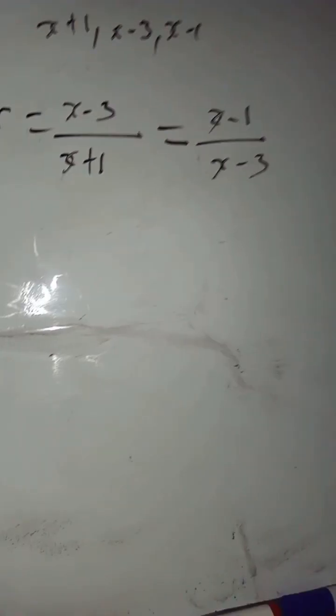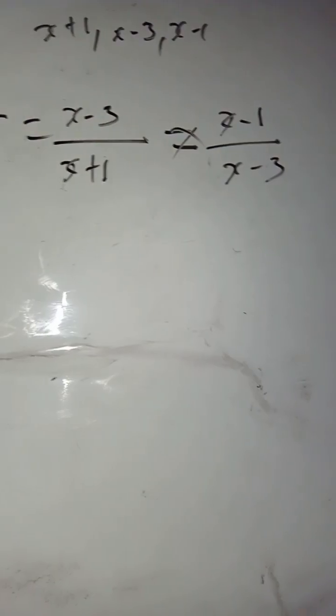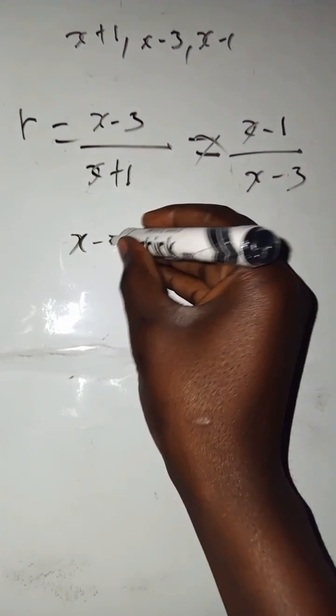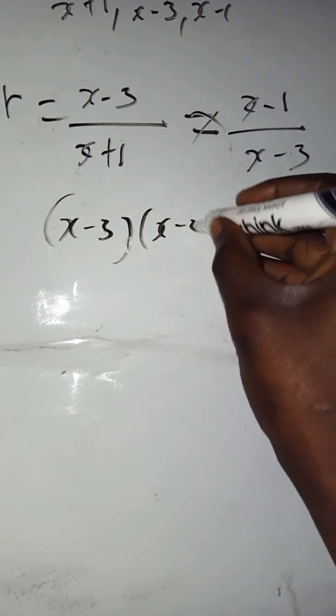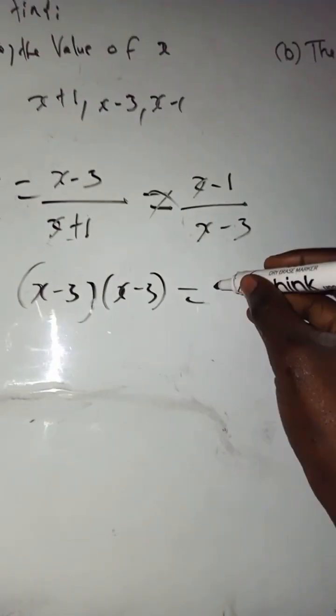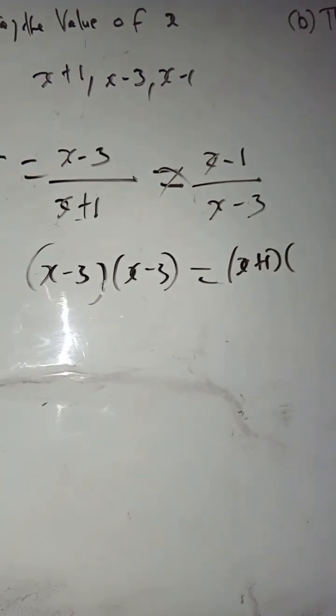You get it? Having done this, we can now find the value of x. These we equate, so we have (x - 3) multiplying (x - 3) equal to (x + 1) multiplying (x - 1).